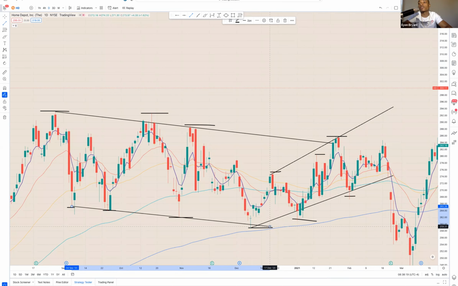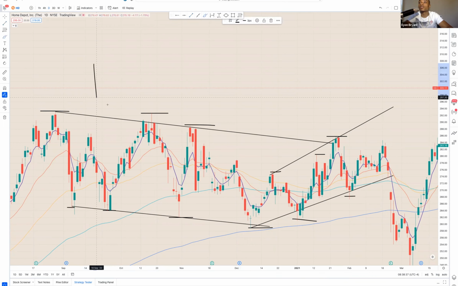So price action is bouncing between support and resistance on a diagonal move in a downward direction. So that's considered a downtrend. I'm going to label that DT, and this is an uptrend, UT.